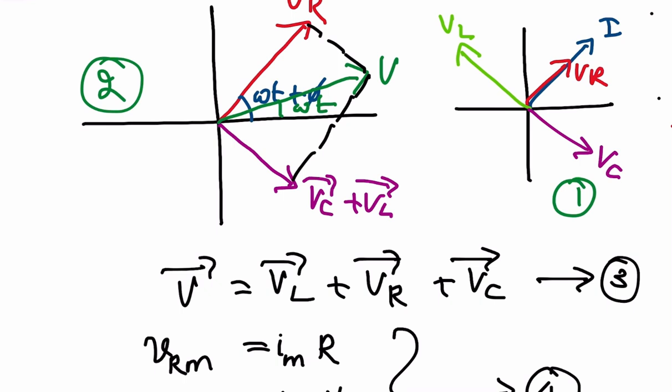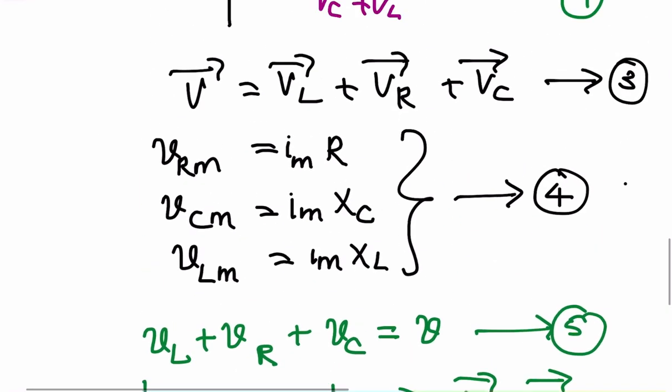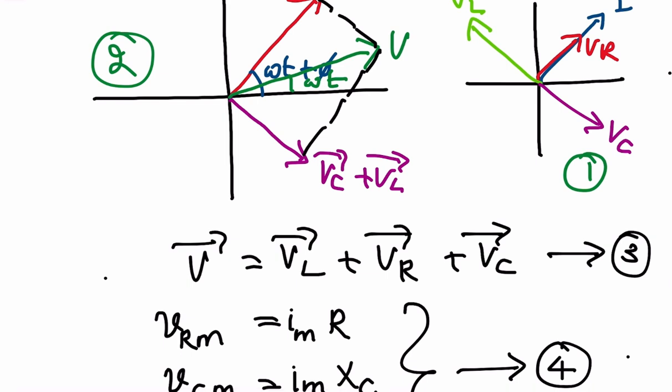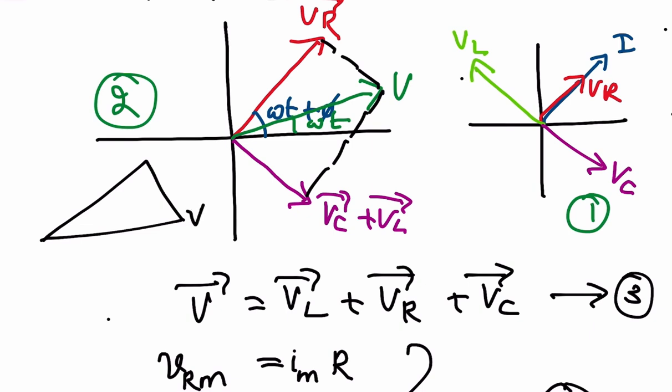Therefore, taking the magnitude form, you will get now. So, let us apply the Pythagoras theorem here. If you apply the Pythagoras theorem, this becomes a right angle triangle like this, where V becomes the hypotenuse, VR is one side, and VC plus VL is another side. So you can clearly see that V is the hypotenuse, so V square is equal to VR square plus VC plus VL whole square.